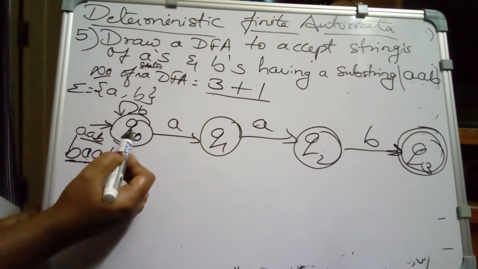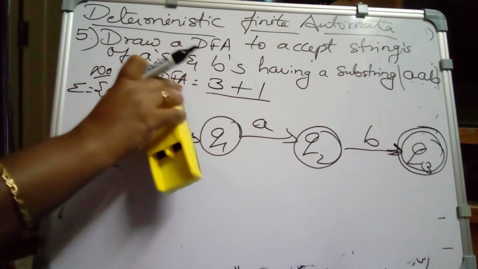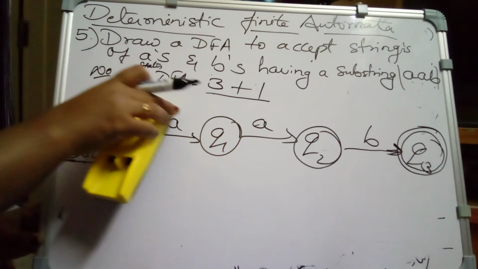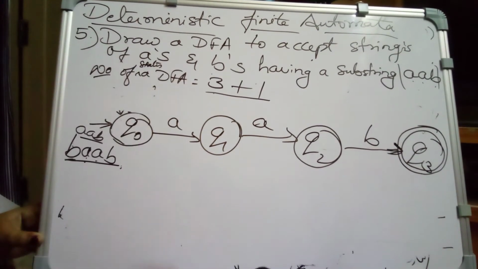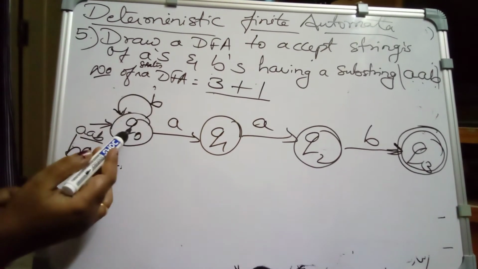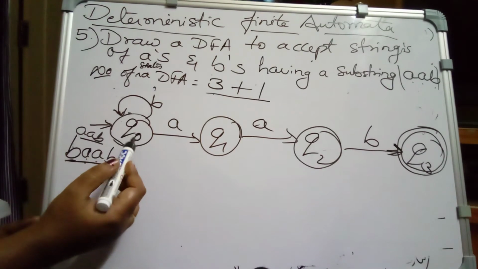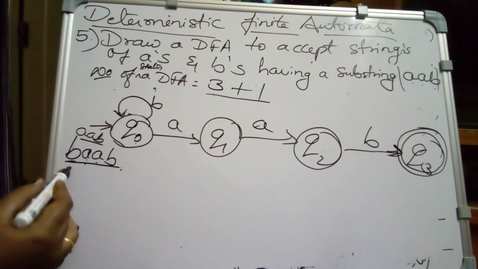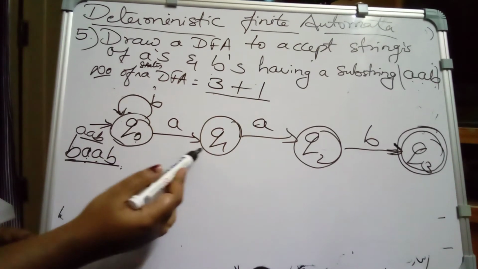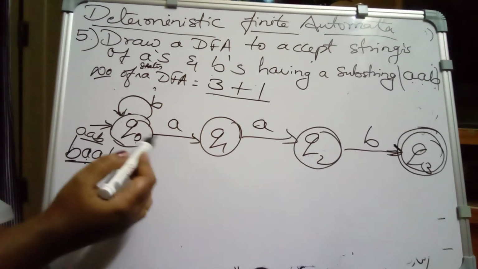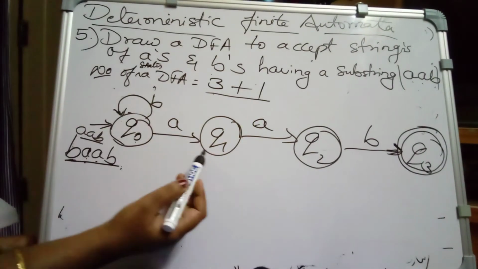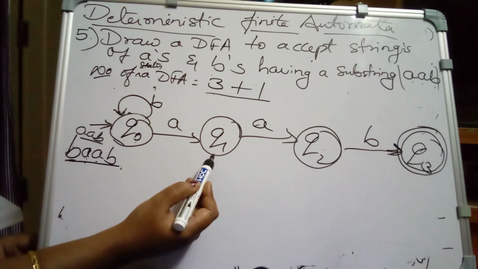Q0 on B remains in the same state Q0. And I said it can be B followed by A, or any number of A's or B's followed by the substring AAB. Now Q1 also has one more input, B.